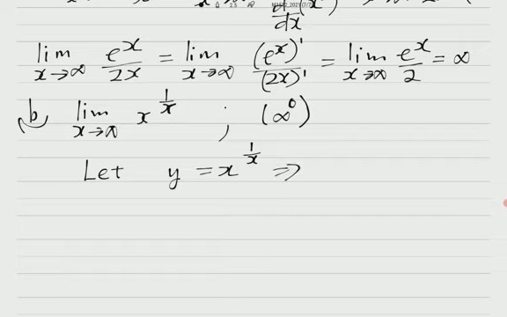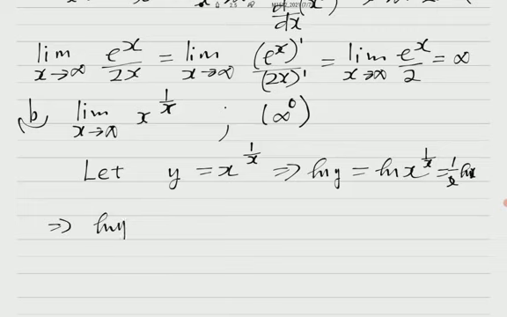So to make it simpler, let's apply ln, get ln y, and then on the right we get ln of x raised to the power 1 over x. Now you can see that the right hand side becomes 1 over x times ln of x. So it's somehow good news, which implies ln of y is equal to ln of x divided by x.